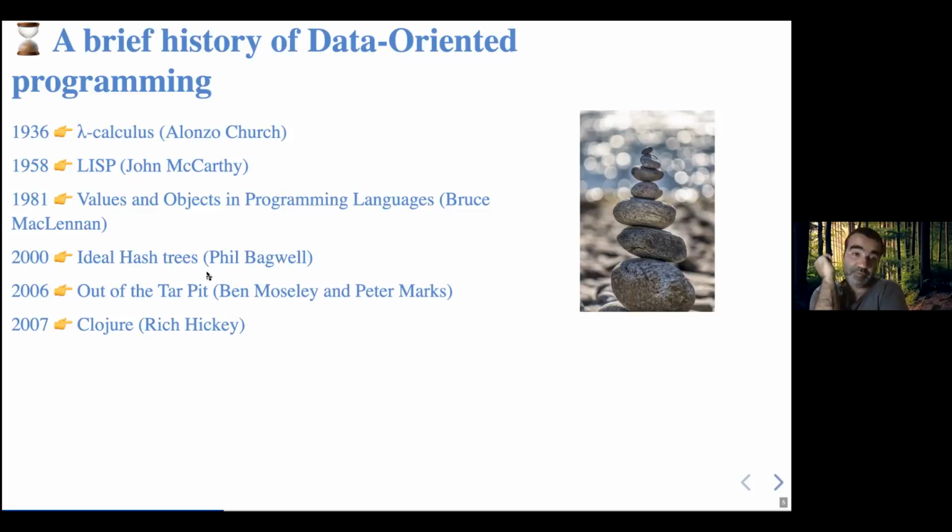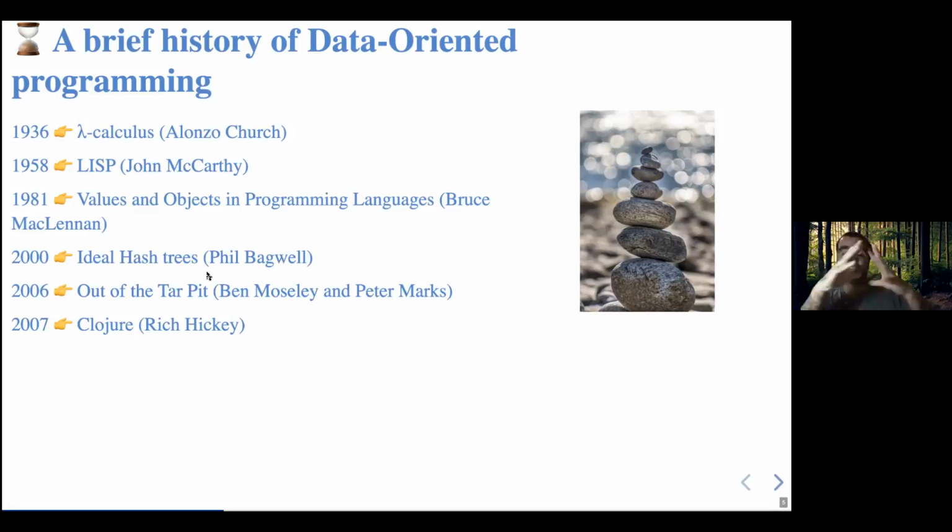Interestingly enough, when Phil Bagwell invented ideal hash trees, he didn't think about persistence at all. His data structure was mutable. And it was the genius of Rich Hickey to discover that these ideal hash trees could be made persistent in an efficient way.